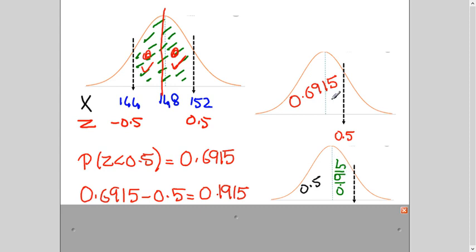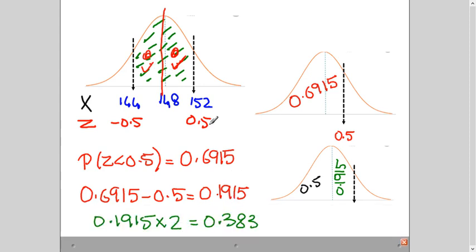So once I find this portion or this portion, I just need to double it, right? So I will double it now and I will get this green probability, which is 0.383. So just repeating, once I know the whole probability on the left hand side of 0.5, I subtract 0.5 because this mean is in the center. I got this probability, and doubling it, right?